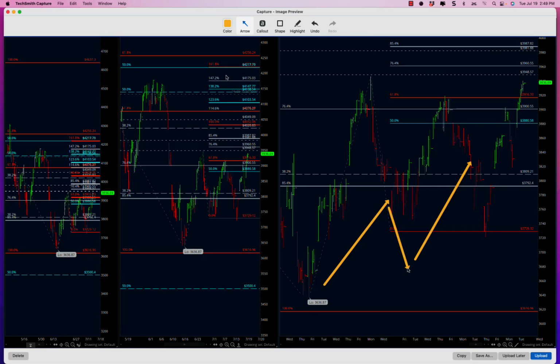And if it really needs help, they'll go visit 76, 85, and then boom, off it goes. Okay? So these nuances in here when it pulls back is a function of levels that you've identified and price has established in the past.